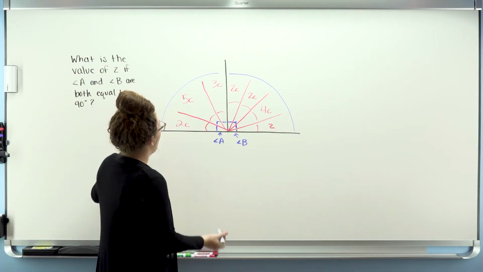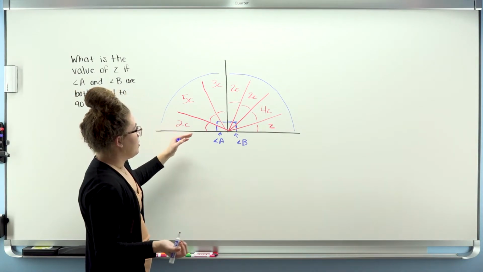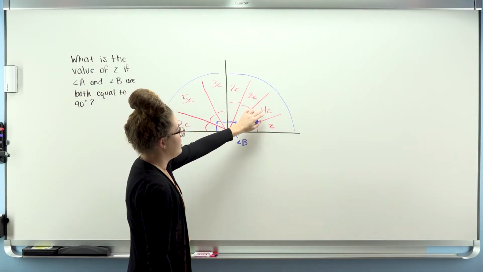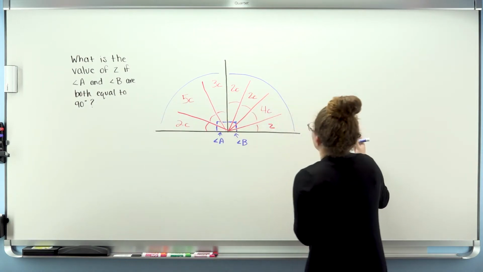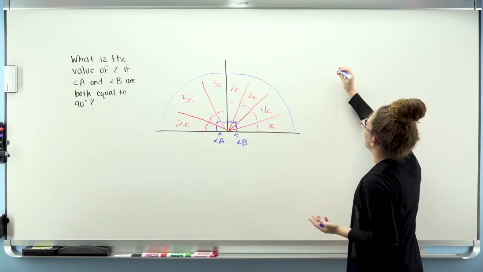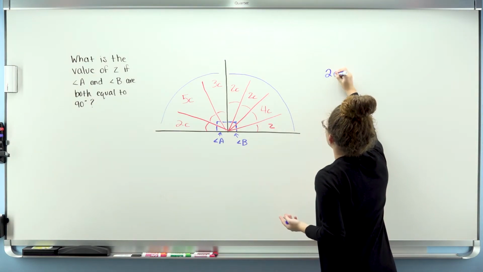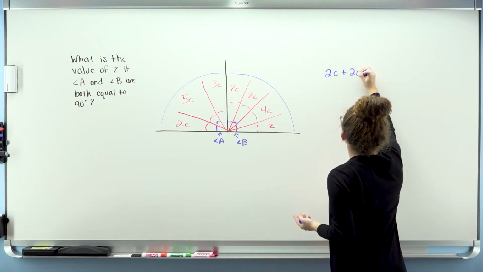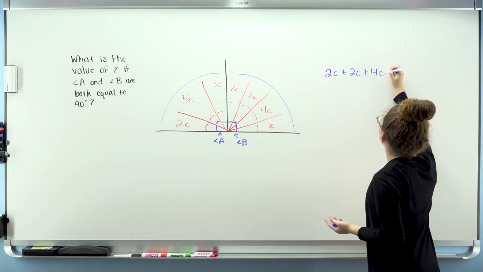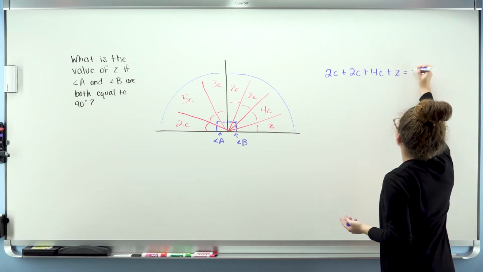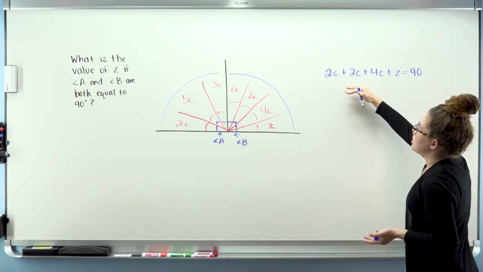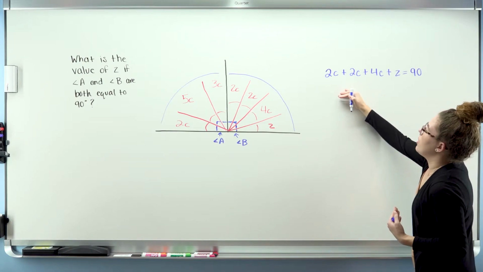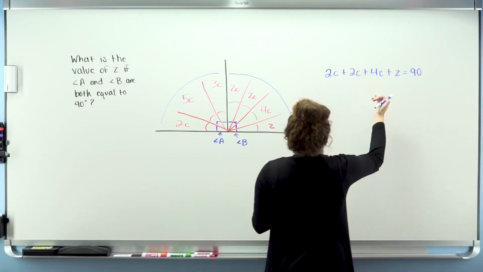So to go about this, since we see we have two variables, c and z on this side, if we went about it like our previous problem, we would have 2c plus 2c plus 4c plus z is equal to 90 degrees, right? But you do see we're going to have a problem because of the two variables. So yes, we can simplify this a little further.